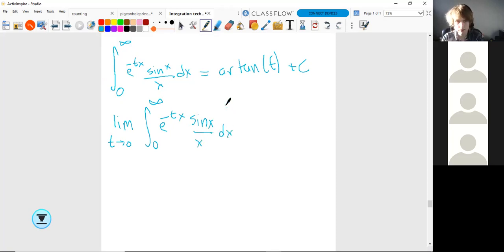So as t goes to 0, this expression goes to infinity. As t goes to infinity, this expression goes to 0. The integral of 0 is 0. So this is equal to 0.